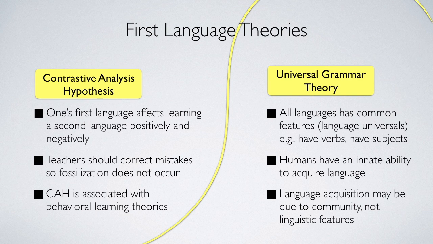He said that there are language universals, or patterns and principles that all languages have in common. Chomsky also argued that humans are born with the ability to acquire languages. This means that we have an innate ability to pick up any language.